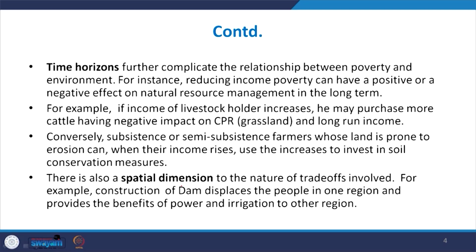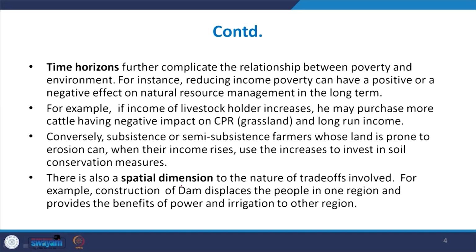So, when the income of a cattle holder increases, to earn more income, he can purchase more cattle, and then these cattle will graze on the common properties, grasslands, and then these grassland may be overgrazed, and that may have implication on long run income.